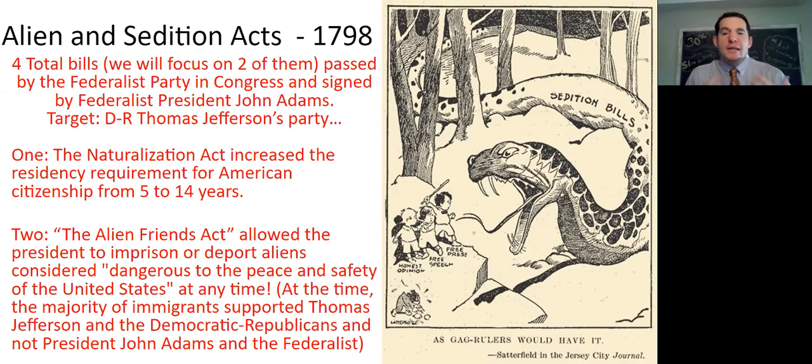So the Federalist Party did not want to lose control of the government. They were in control of Congress. They were writing laws both in the House and the Senate they were in control of, and President John Adams was the president. So they had a lot of political power and authority.